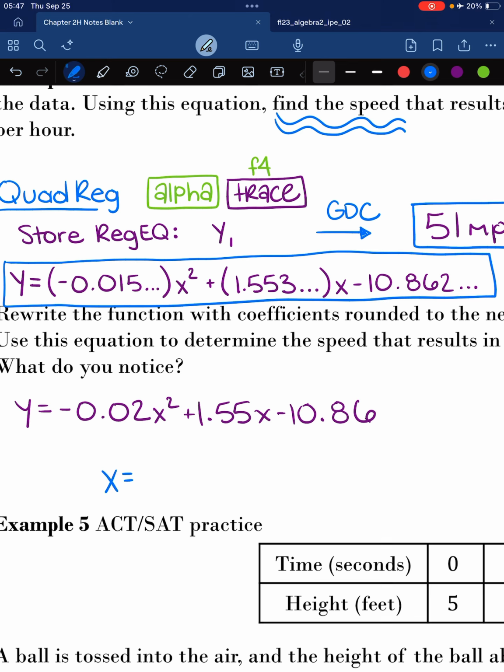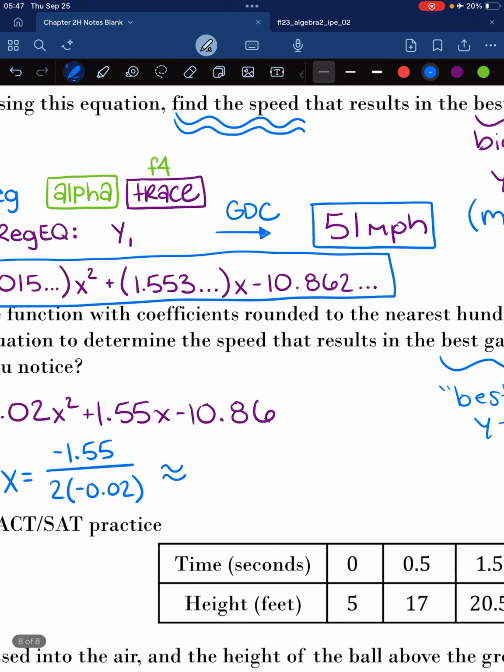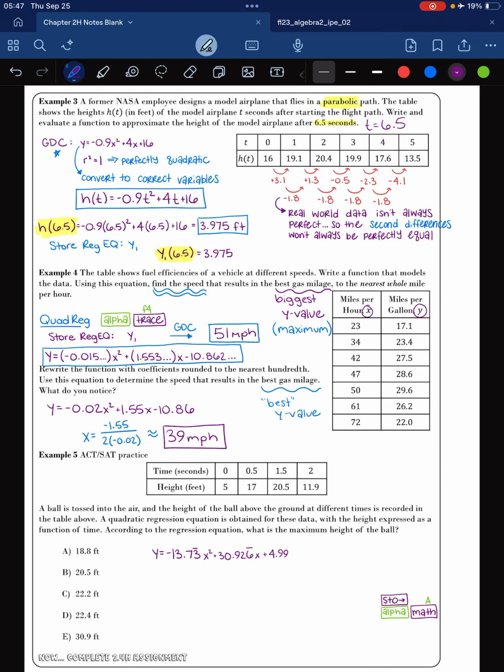So we can do x equals negative b over 2a, and that's way easier than what we had to do with the calculator. The issue though is that it tells me the answer is 39 miles per hour, which is way different than the picture on the graph.